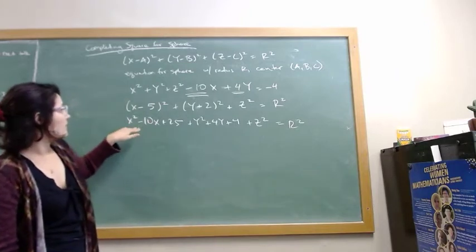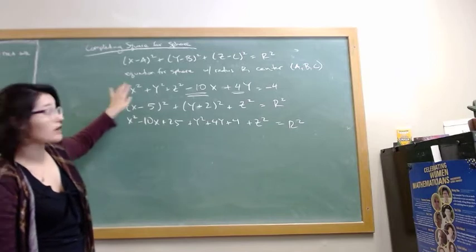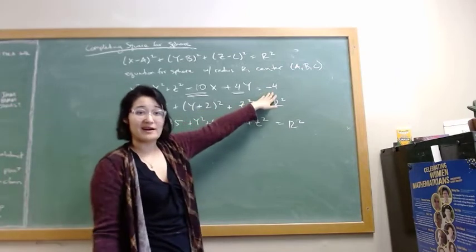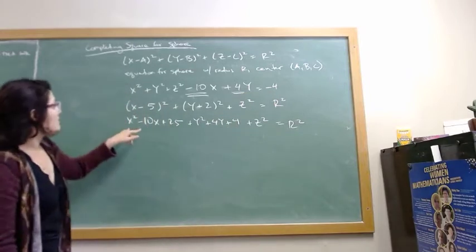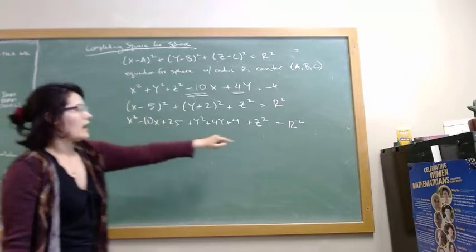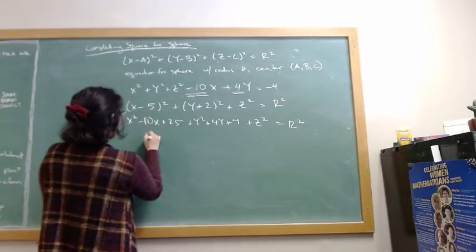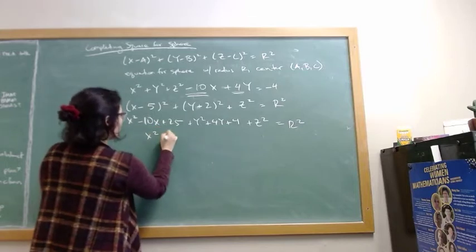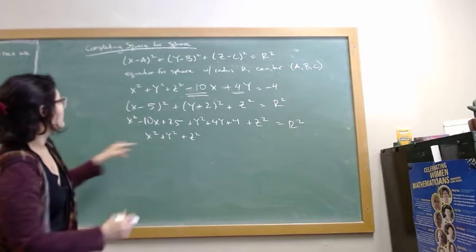Then I'm going to look at this equation I have and try to compare it to what I had over here. There was a number on the side there, but that didn't make any sense as a radius. It was negative. So I'm going to try to make my new equation look like that one again and puzzle out what that means r should be. If I do x squared plus y squared plus z squared, I had those before.